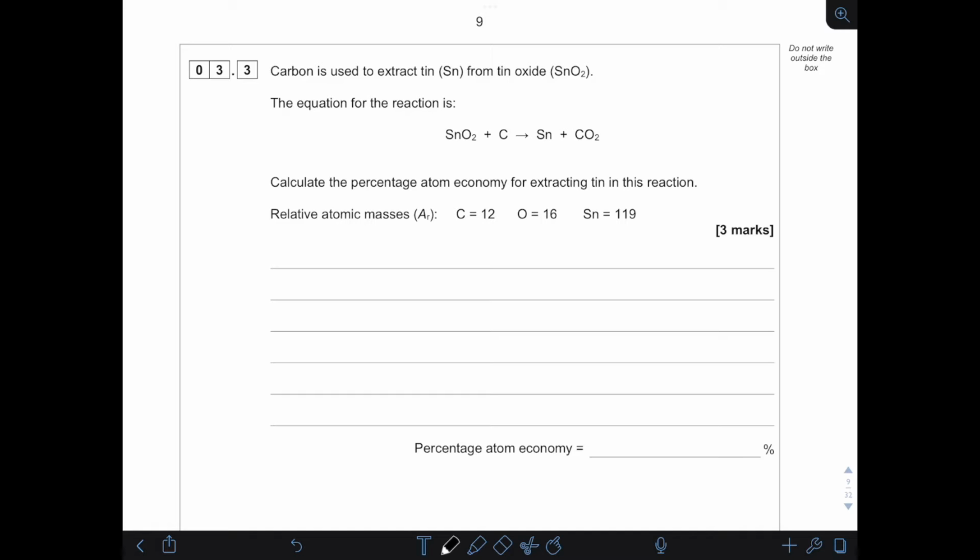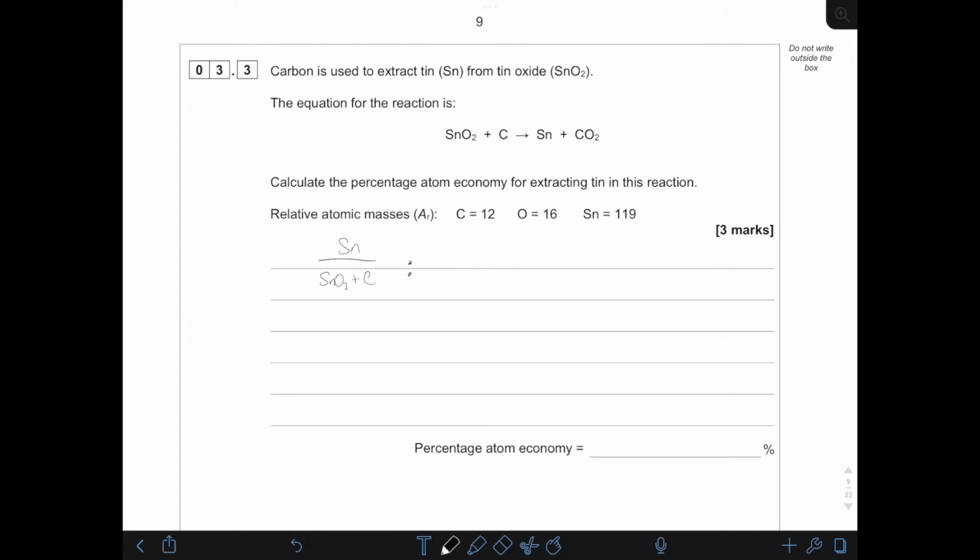Carbon is used to extract tin from tin oxide. Calculate percentage atom economy. So atom economy is the weight of the product over the weight of all reactants, which is tin divided by tin oxide plus carbon.